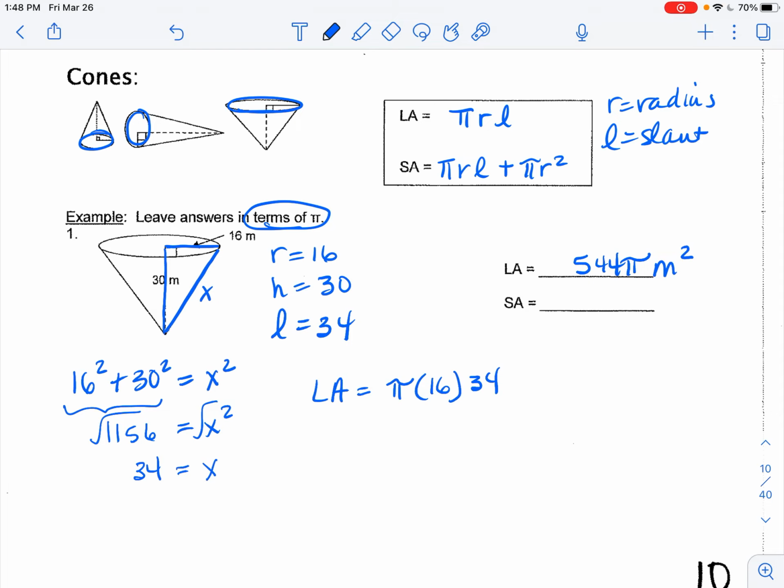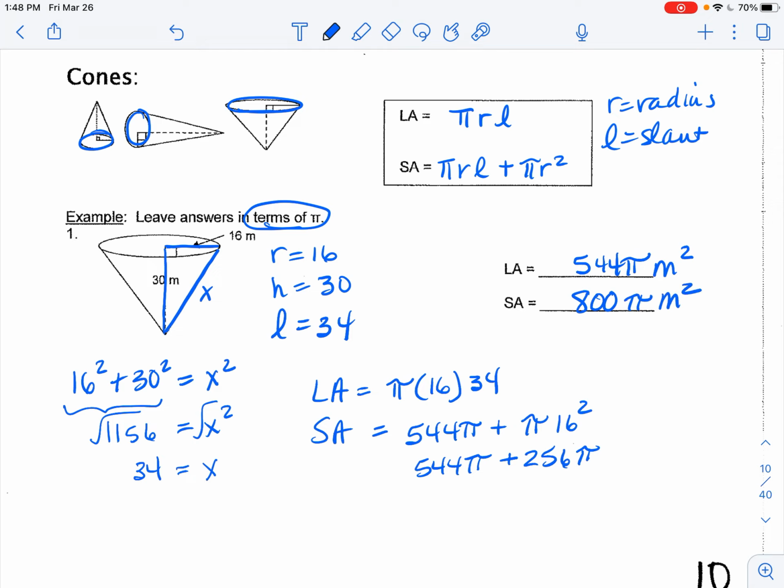For the total surface area, it's going to be, well, not T, I meant to write an S, 544 pi plus pi times the radius squared. 16 squared is 256, so this is 256 pi plus 544 pi. And that's going to give you 800 pi meters squared.